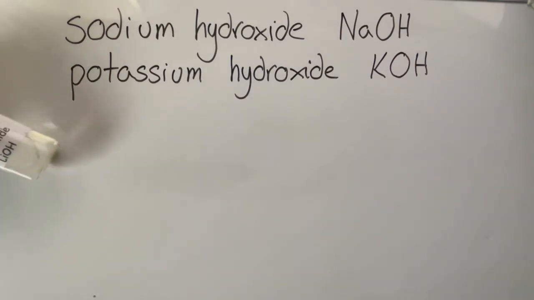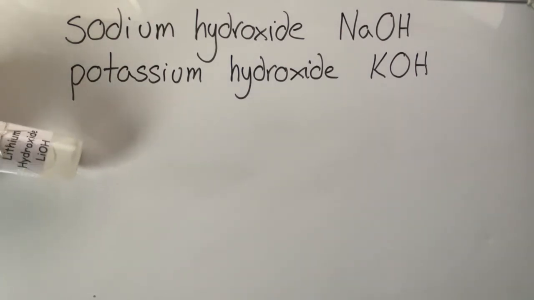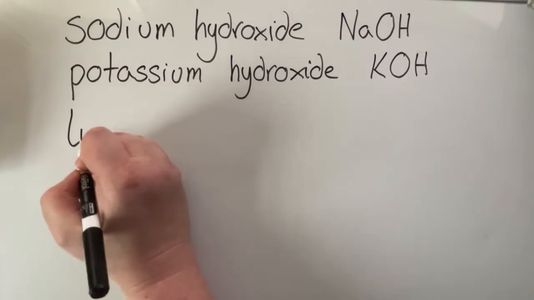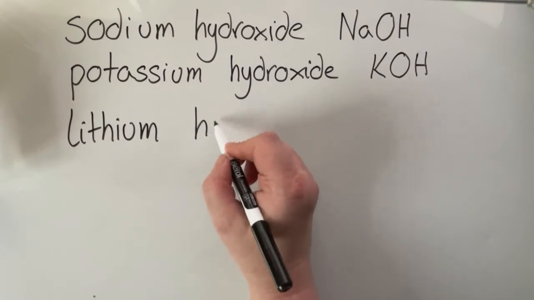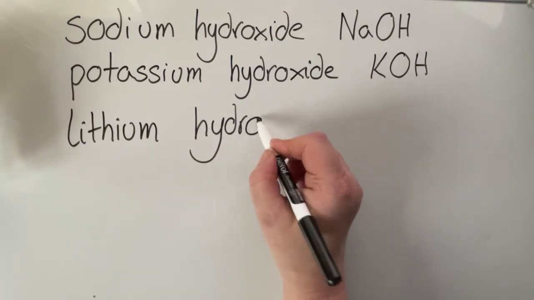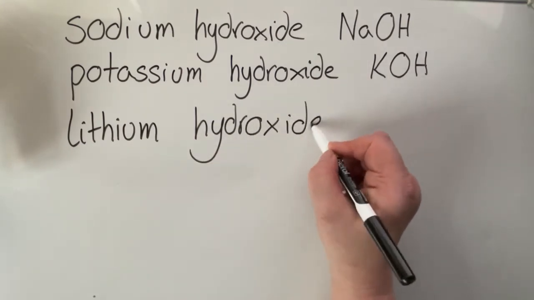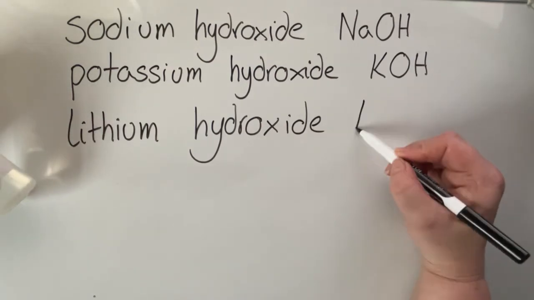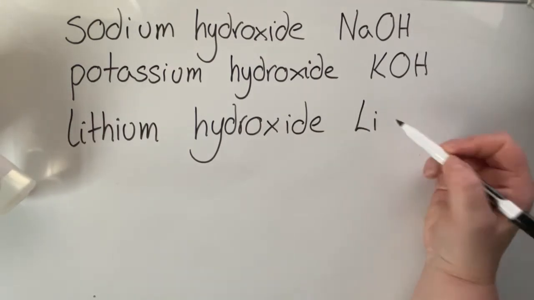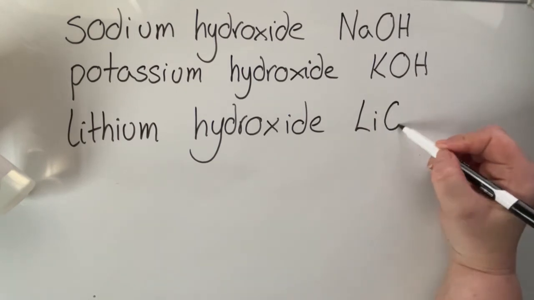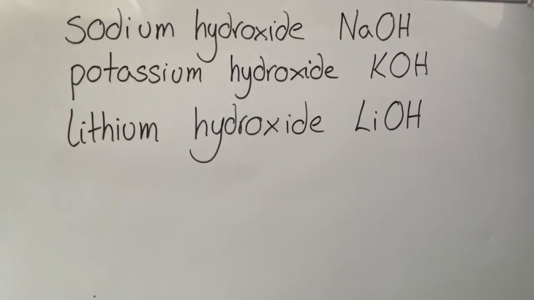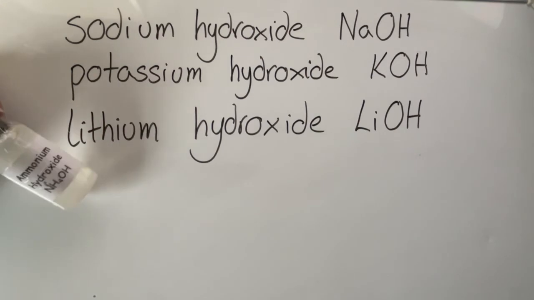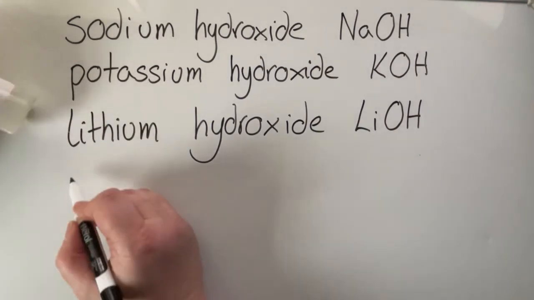The next alkali I'm going to show you is lithium hydroxide. The formula for lithium hydroxide is capital L, small i for the lithium, capital O, capital H. Another one that's quite common to see is ammonium hydroxide.